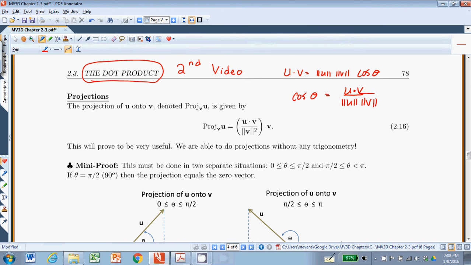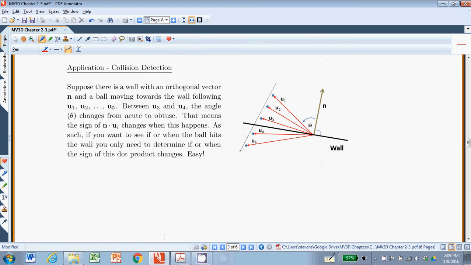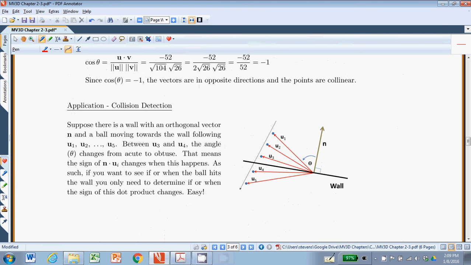We were able to tell whether the angles between the vectors were right angles, obtuse, or acute, and whether two vectors were going in the same direction or in opposite directions. We were also able to do a little trick on collision detection, determining when this ball crossed a wall by determining whether the sign of the dot product between this vector and that vector changed.